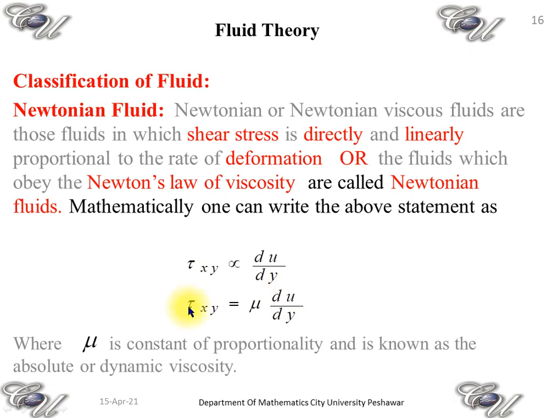So when this is applied and the change occurs, the deformation occurs, this property will remain constant. And if it satisfies, then such fluids are called the Newtonian fluids, or the Newtonian viscous fluids, okay.